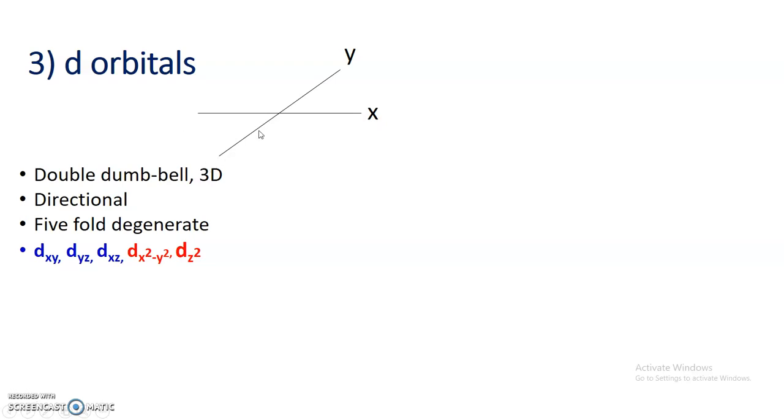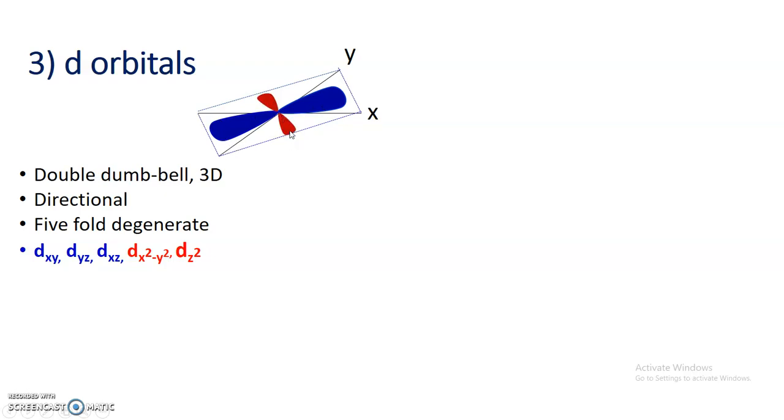Consider the x and y axes, and now consider the xy plane. This is the xy plane. In the case of the dxy orbital, lobes are oriented in between the x and y axes, but the 4 lobes are oriented along the xy plane. These 2 lobes have the same sine wave function, say for example negative, negative, and you can see lobes are oriented in between the x and y axes.